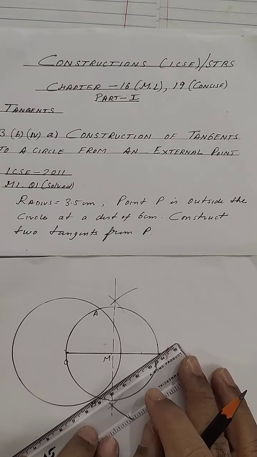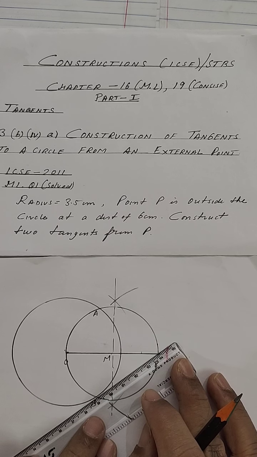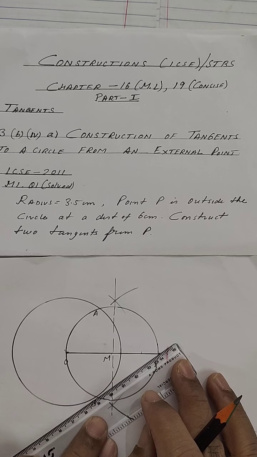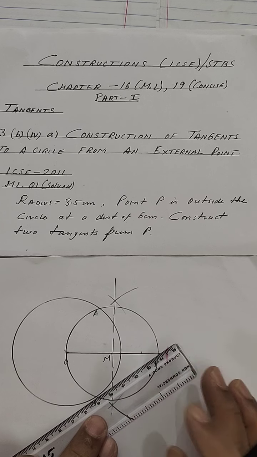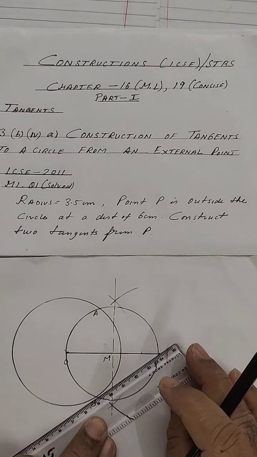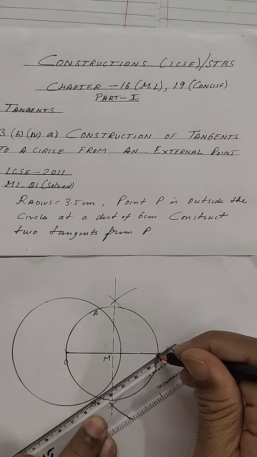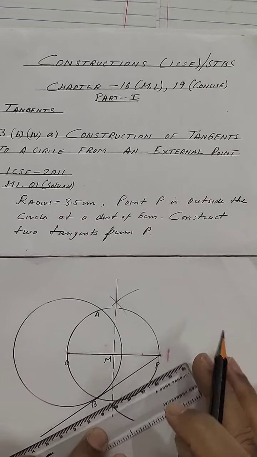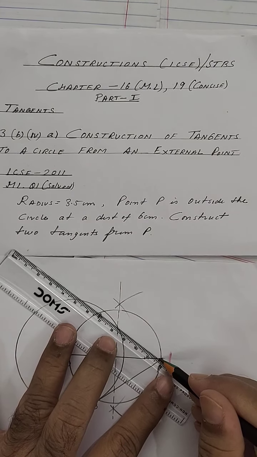Now you can join from this exterior point P; this is one of the tangents. This is one tangent and the second tangent is here.